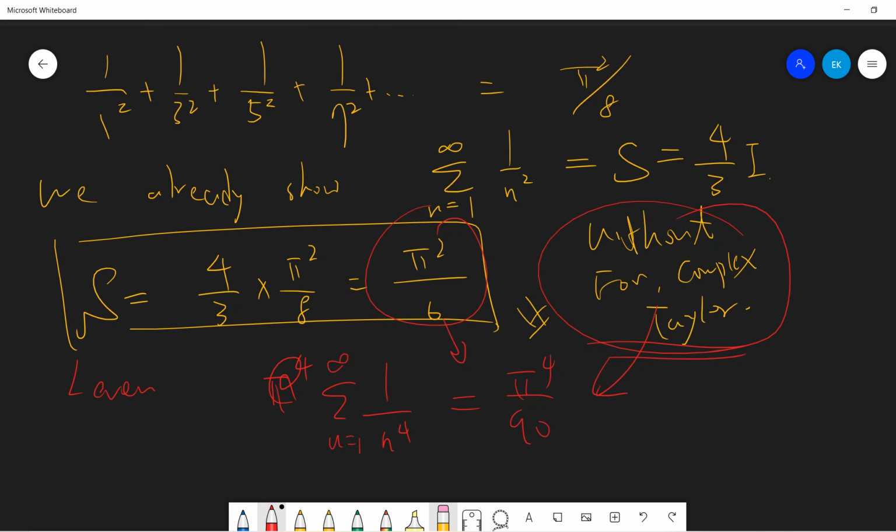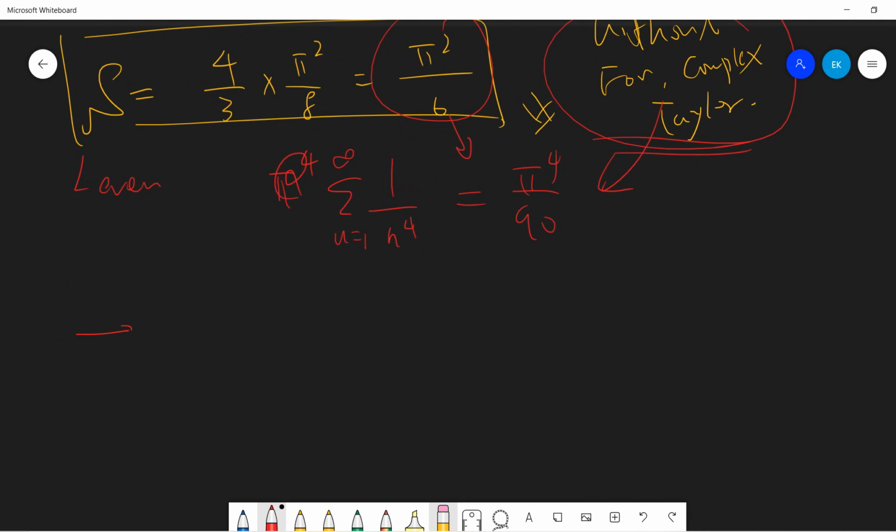Okay, so from here, you can get zeta of n for n greater or equal to 1, an integer, without any Fourier analysis, complex analysis, or Taylor expansion, if you just generalize what I told today.